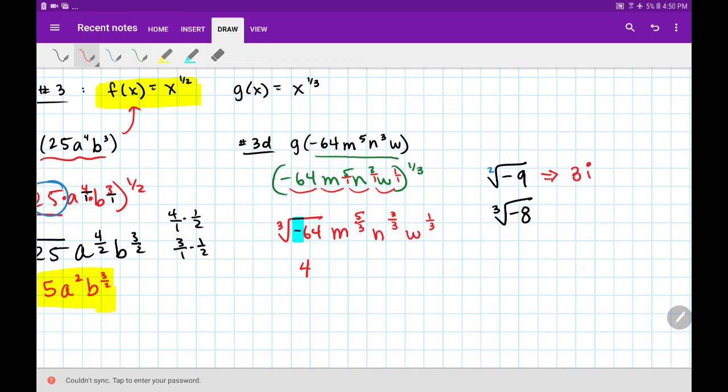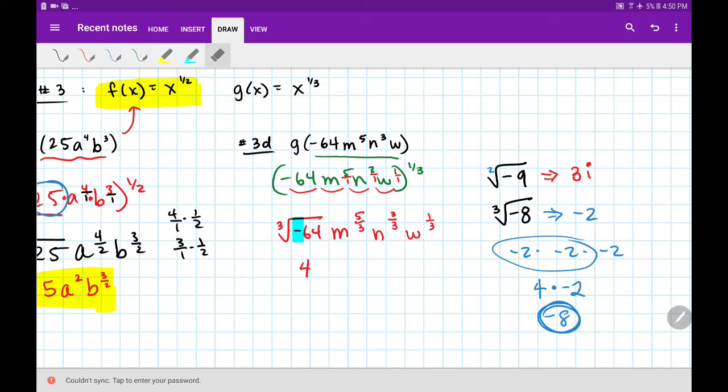But now let's look at the cubed root of negative 8. What number times itself 3 times will give us -8? If you said -2, you're correct. -2 times -2 times -2. Well, these guys multiplied together will give me +4. And when I multiply by that remaining -2, I'll transform back into a negative number.